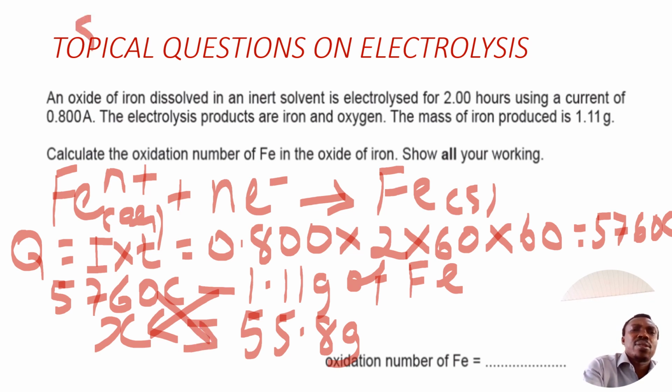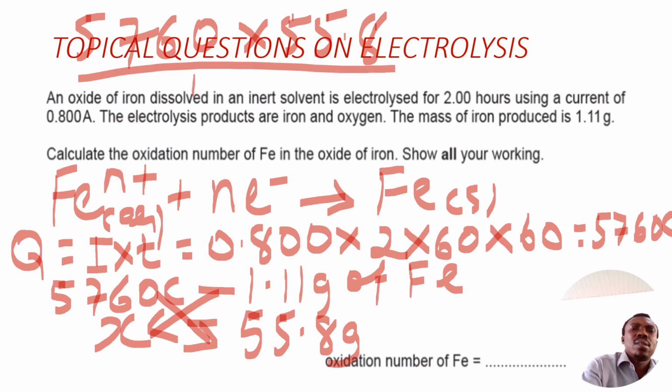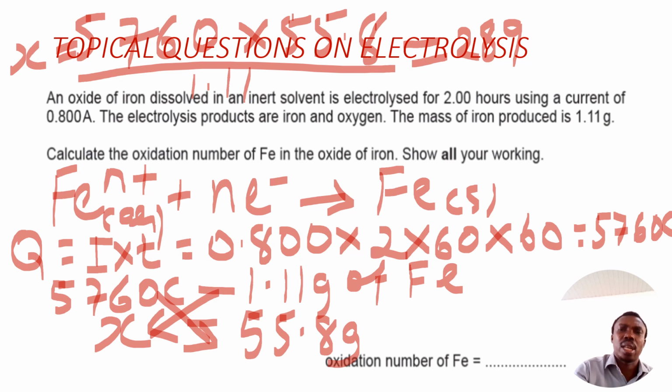You have 5,760 multiplied by 55.8 divided by 1.11, which is equal to 289,556.78 coulomb.